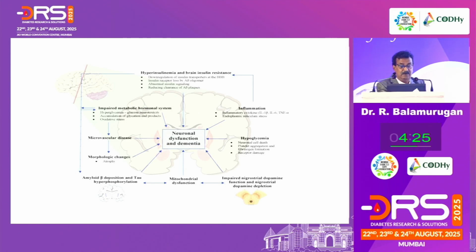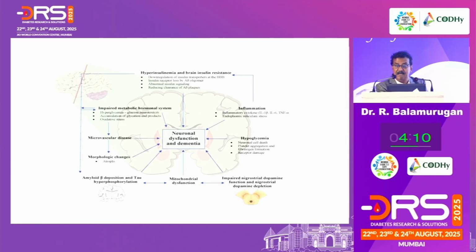And again, the microvascular disease can cause morphological changes, and the amyloid beta deposition and tau hyperphosphorylation are very important in the mitochondrial dysfunction, which can lead to neuronal dysfunction and dementia.